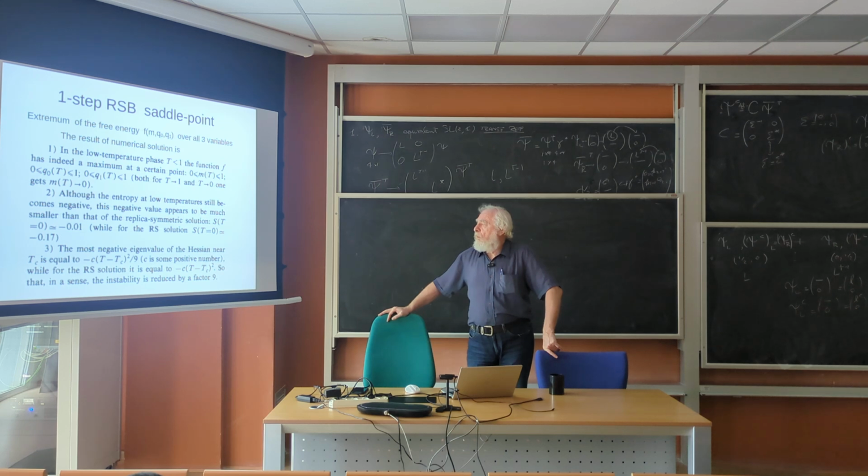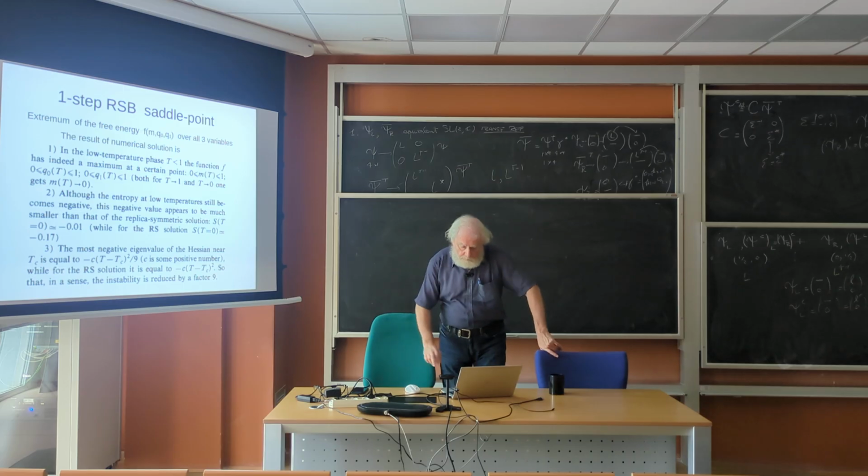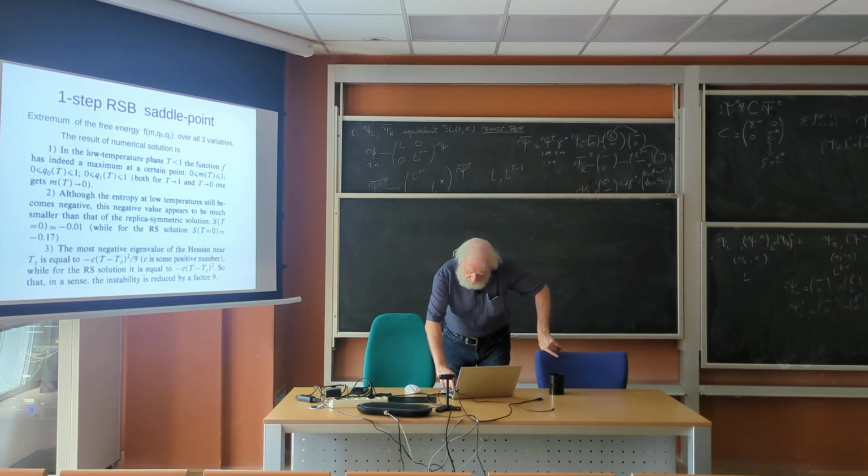Here it is again unstable in the same sense, but similar to the entropy, just numerically, the magnitude of this negative eigenvalue is an order of magnitude smaller. Good. How to advance?